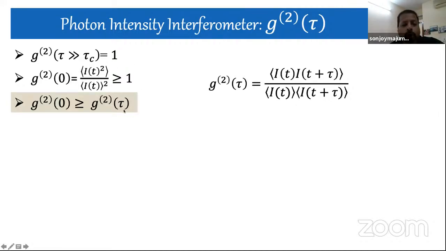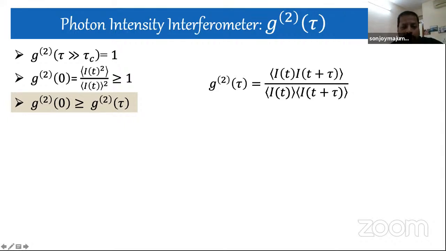And what you can show is that this will be the maximum value. As you go away from tau equal to 0, you expect the correlation, or coherence, to deteriorate. After a time tau c, it will become totally uncorrelated and G2 will become 1.